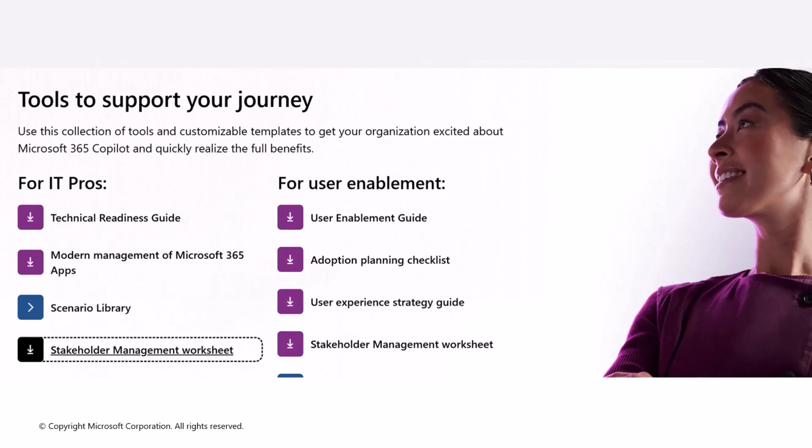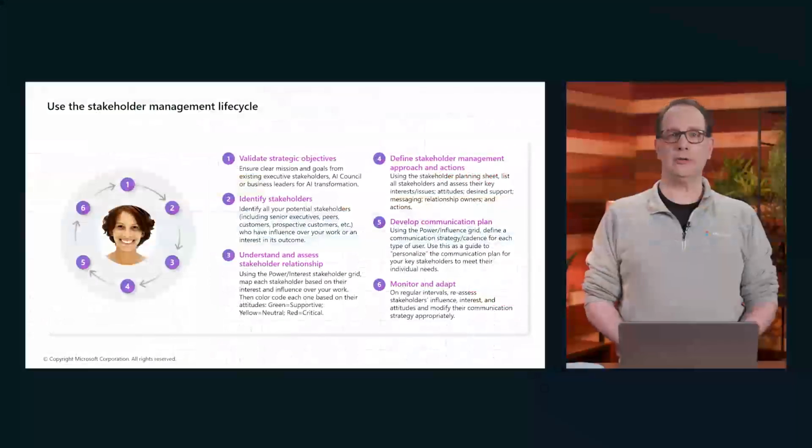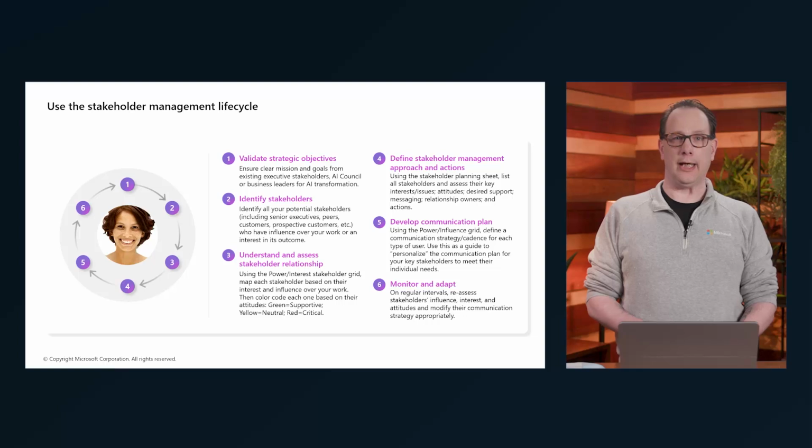Next, you're going to identify all your potential stakeholders, which again could be senior executives, peers, customers, maybe prospective customers, and so on. All of these have influence over your work or an interest in the outcome of it. From there, it's followed by understanding and assessing the stakeholder relationship.